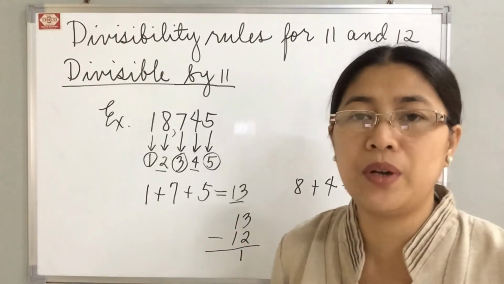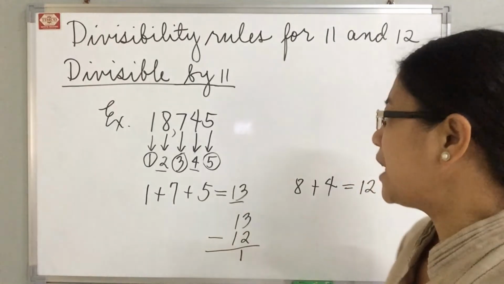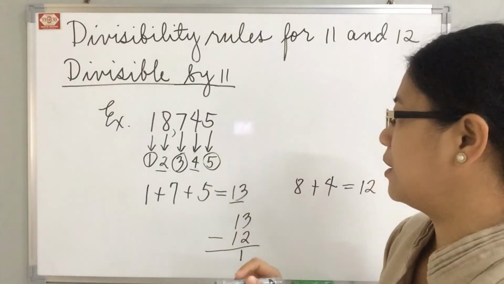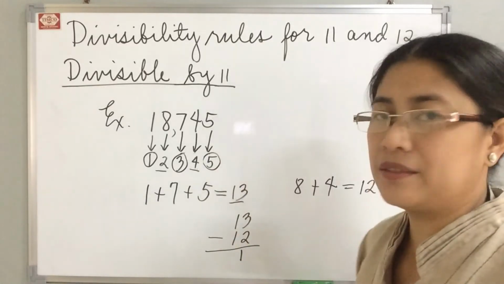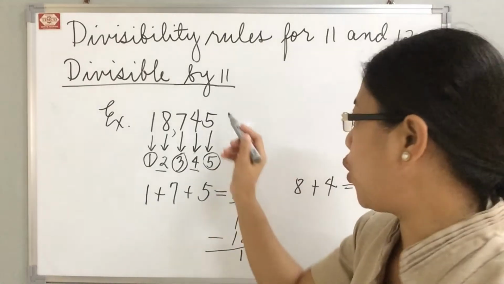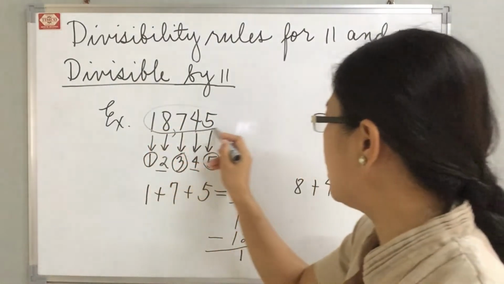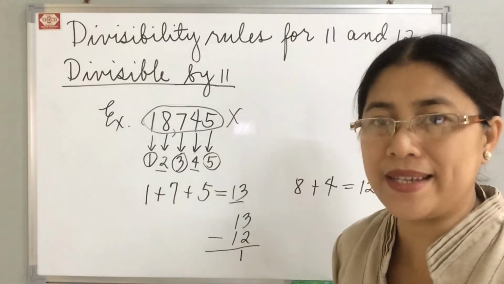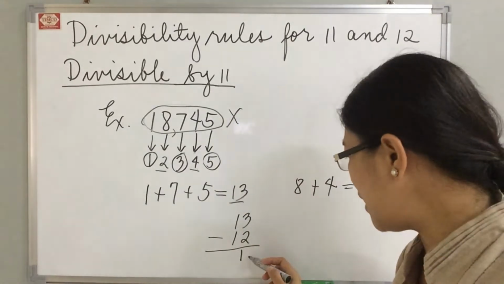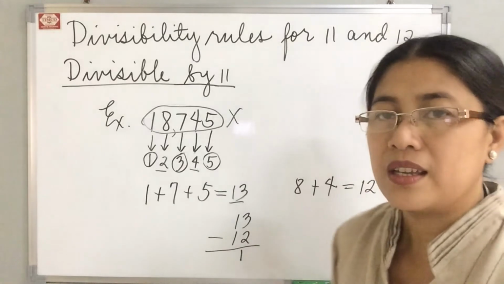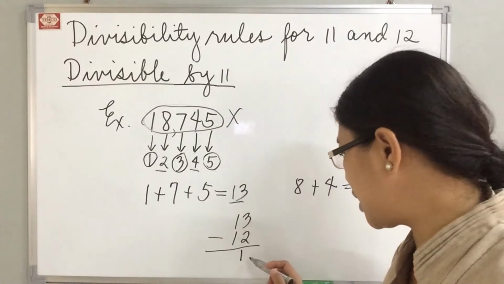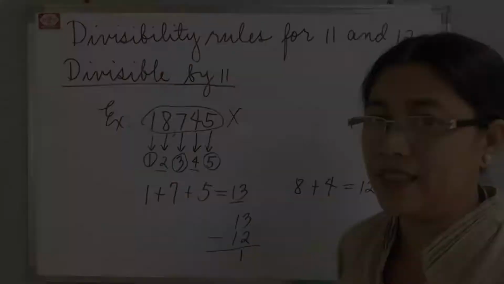Now, based from our rule, is 18,745 divisible by 11? No. So, this number is not divisible by 11. Why? Because the difference of the two sums is not 0 or is not divisible by 11.